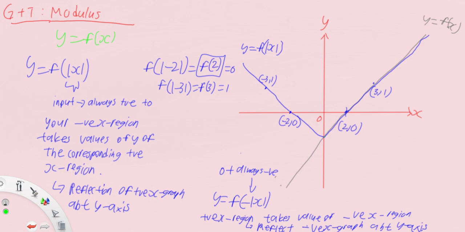So judging by here, our negative side will also become our positive x side. So it's just like that. Alright, so that will be our y equals f(-|x|), because our positive x values would give us a negative input overall, and we should just take the corresponding y values of the negative x region. Alright, so this is the second equation for our modulus.